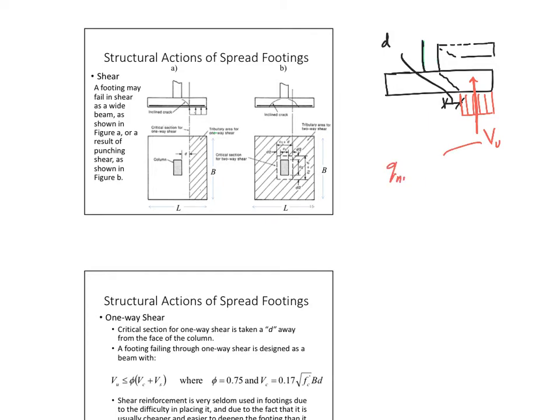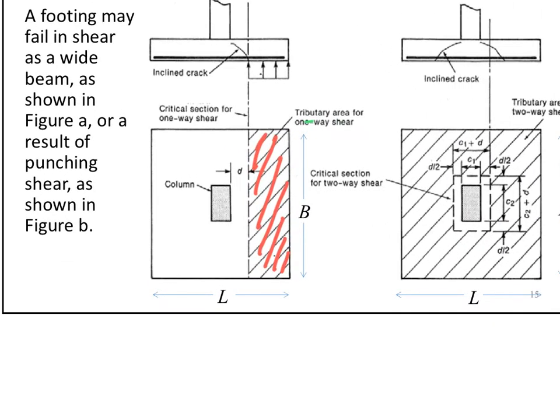Q net ultimate times the area. Which area? You see the hatched area here? How did I get this hatched area? I took a D away from the face of the column and then took all the area behind it. Here, I took a D away from the face of the column, and then everything after that becomes my area. Okay? Very simple.